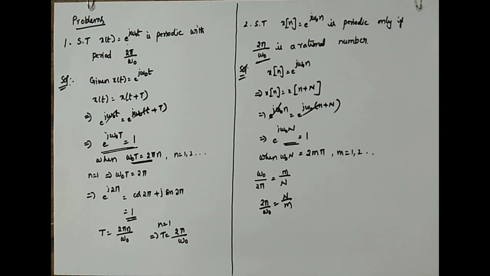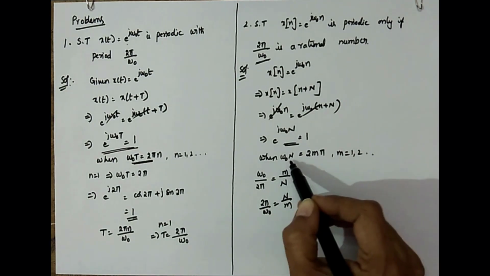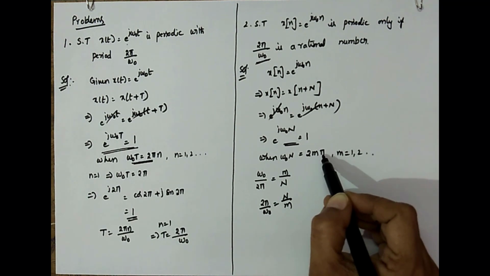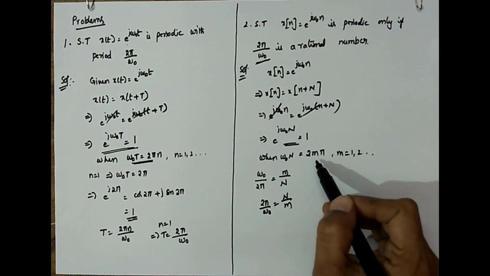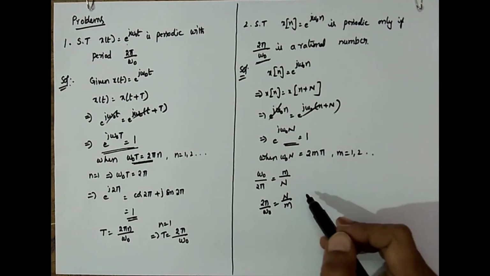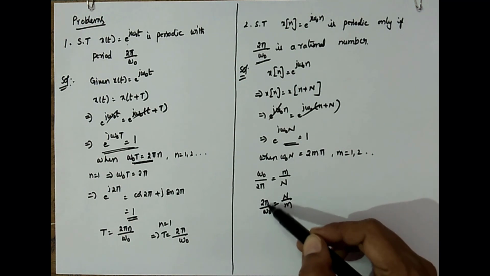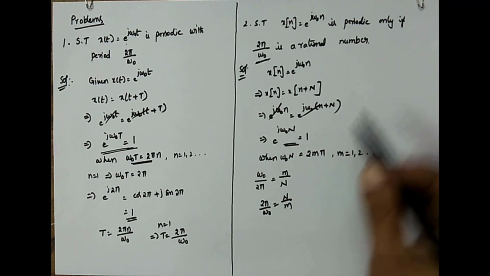It must be rational. Then only the signal is said to be periodic. So if you keep m equal to 1 here, omega naught N equal to 2 pi. Again, e power j 2 pi will be 1. So for m equal to 1, it is satisfied. Same way, when 2 pi by omega naught is equal to N by m, a rational number, then only the given signal is periodic.